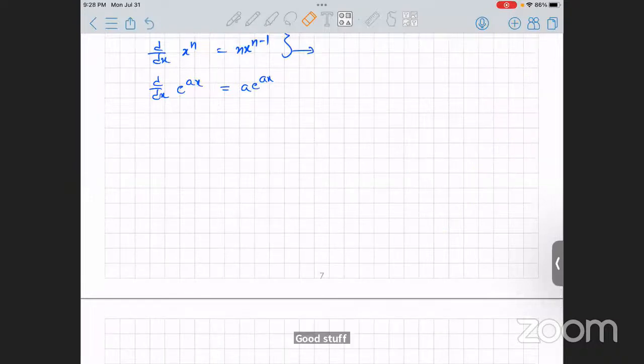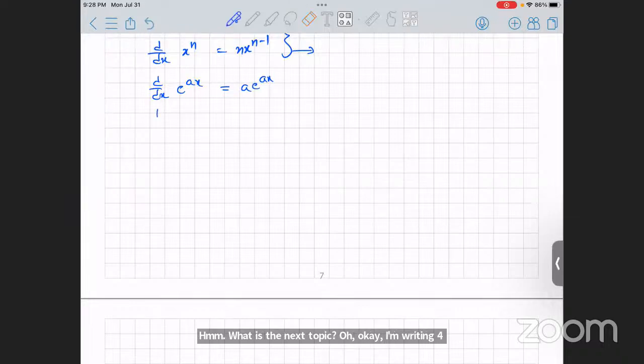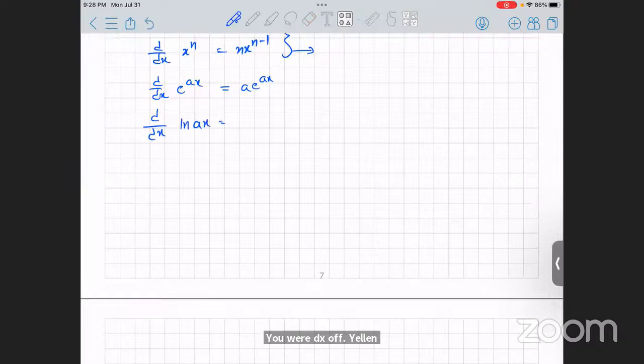What is the next topic? Okay, I'm writing formulas now. Every formula: d by dx of ln ax equal to a by x. What is the ln value? 1 by x.